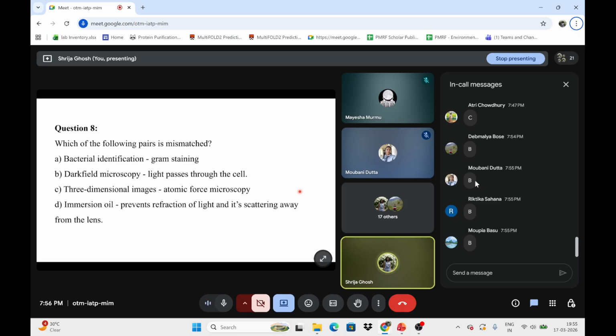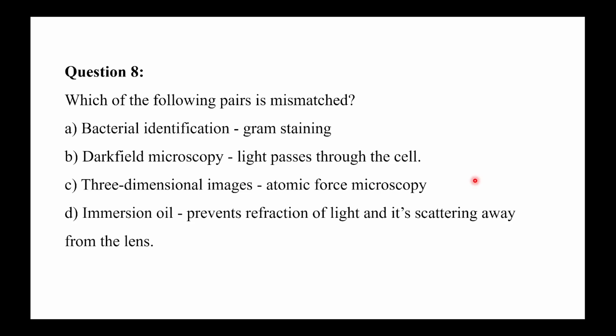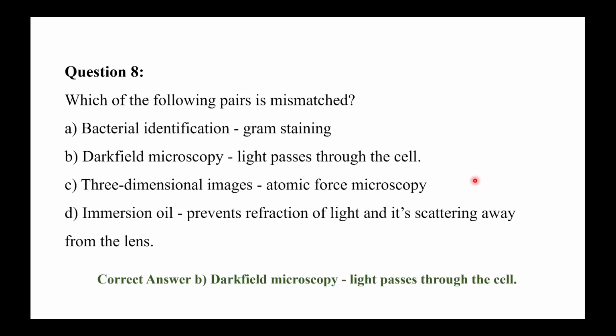Dark field microscopy, light passes through the cell. Let's see the correct answer. That is the correct answer. So all the other 3 options are correctly matched. Bacterial identification, I have already explained how gram staining is used to identify whether a bacteria is a gram positive or a gram negative kind.